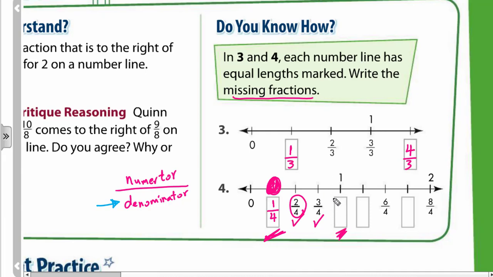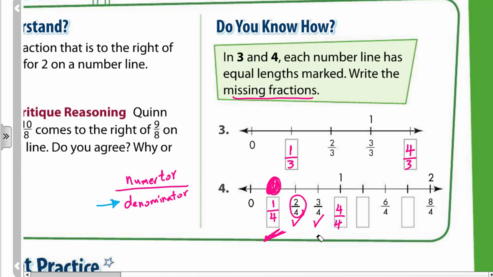Add one more fourth. This is 3/4. The next one, add 1/4, so it will be 4/4. Not 4 and 4. Okay, read it well.